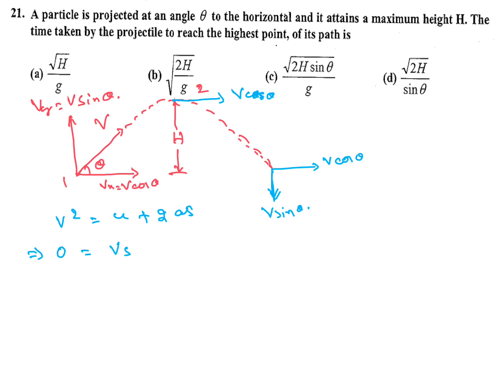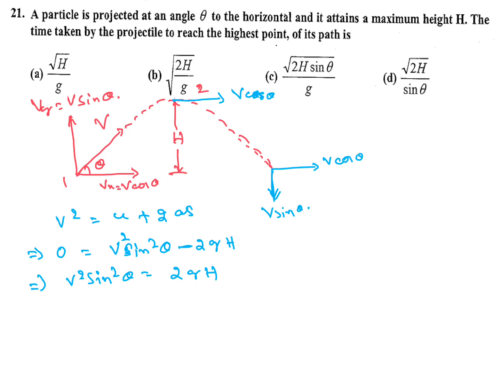U square is v square sin square theta minus 2. It's downward acceleration due to gravity, 2gh, h is our height. So we'll get v square sin square theta equal to 2gh.